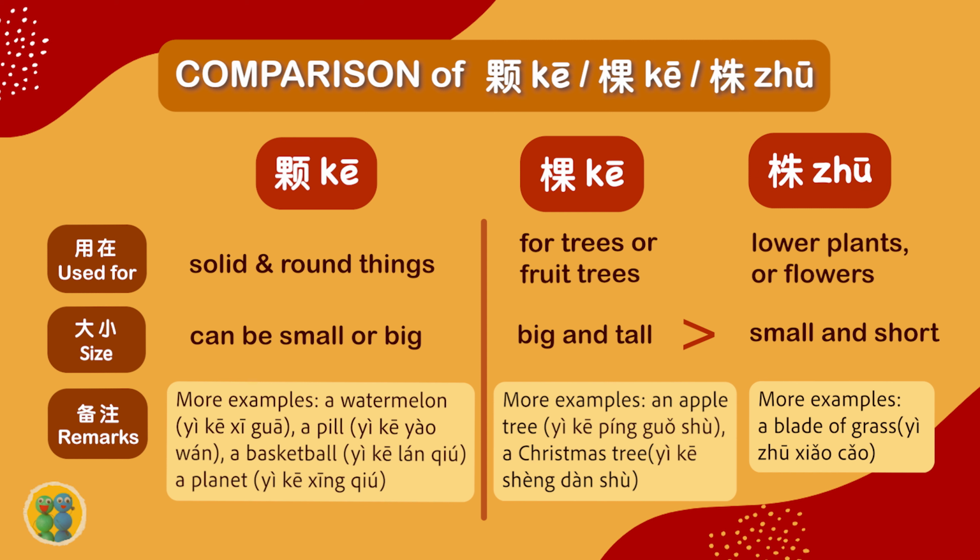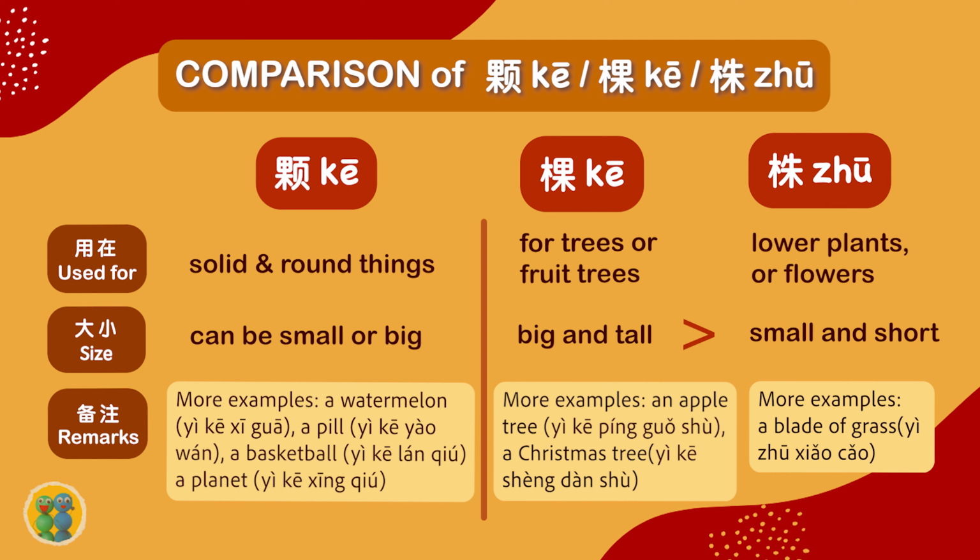A planet, 一颗星球, 星球 means planet. We can see these examples. You can see the objects can be big or small. Can be big like a planet and small like a pill. So now you get the general idea of what this 颗 can be used for.